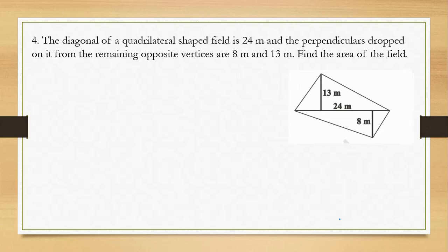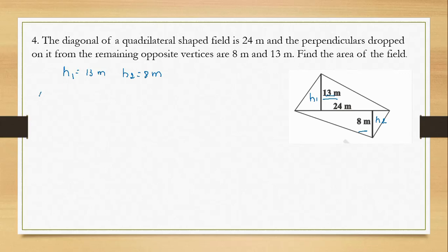So here they given the perpendiculars, that is one is 13 meter and another 8 meter, so we consider these as heights. This is a height h1 and this is a height h2. Here we can write h1 is equal to 13 meter, h2 is equal to 8 meter.